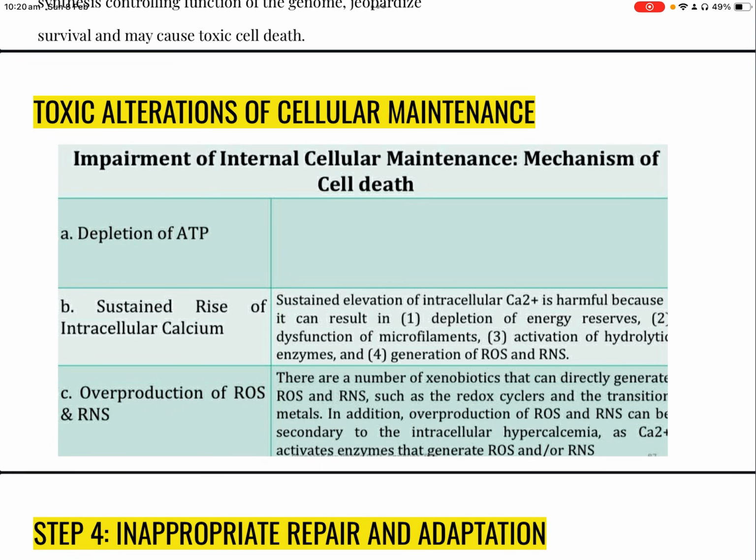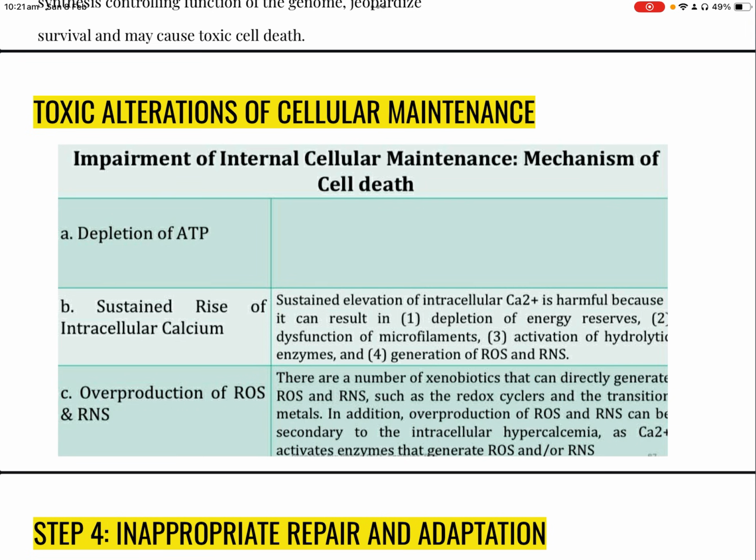Okay, just to clarify, class, ROS stands for reactive oxygen species, and RNS stands for reactive nitrogen species. Okay, so these are highly reactive molecules that are generated during cellular metabolism. They create two activities, so it depends on the level.